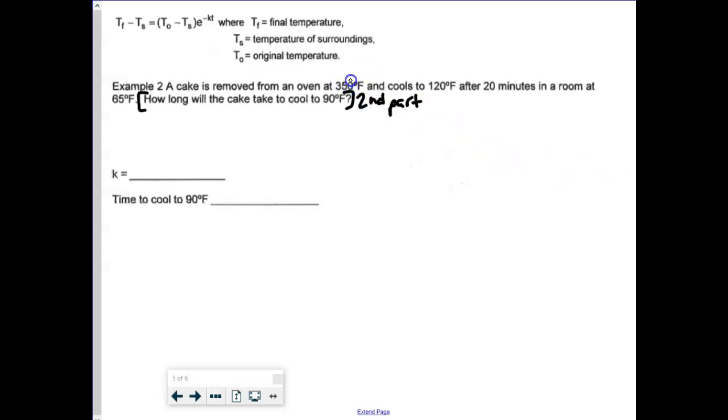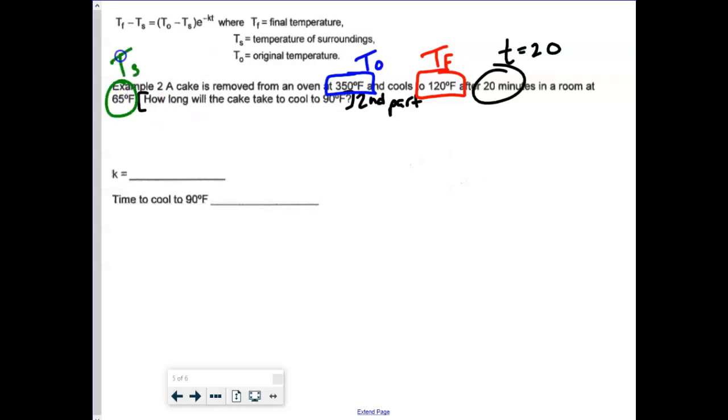We have the initial temperature of 350, the final temperature of 120, and that's 20 minutes, so t equals 20. And then the temperature of your surroundings is 65 degrees. So for part one, which is going to allow us to find the constant of cooling for this cake, we've got to set it all up and find k. Here we go.